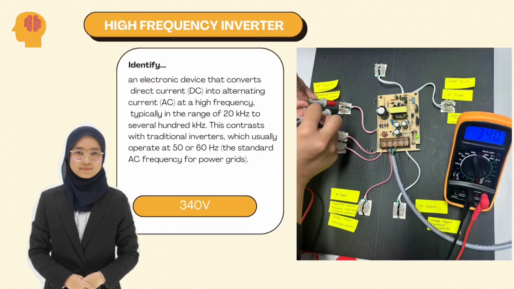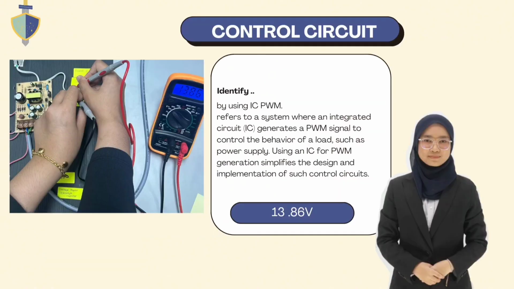The result of the high frequency inverter is 340 volt, an electronic device that converts direct current into alternating current at a high frequency. Control circuit by using IC PWM is 13.86 volt.